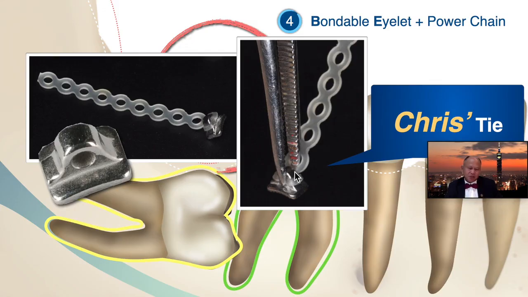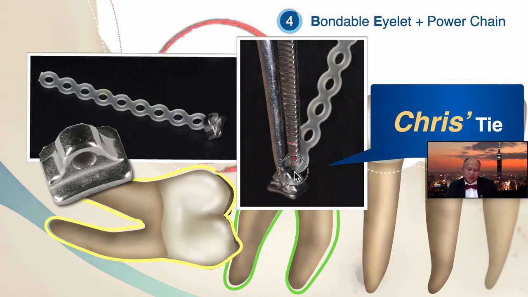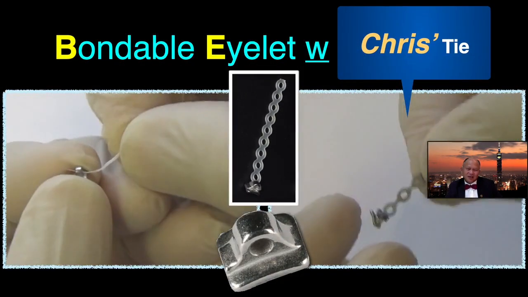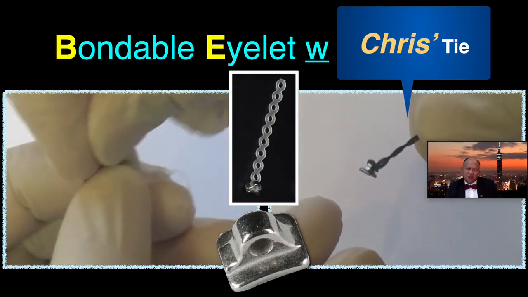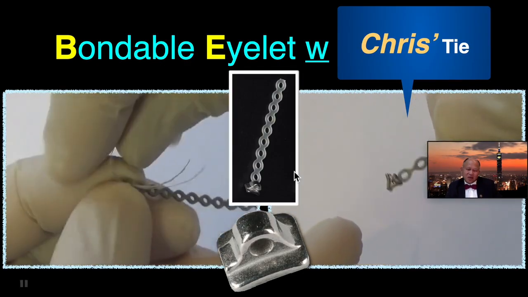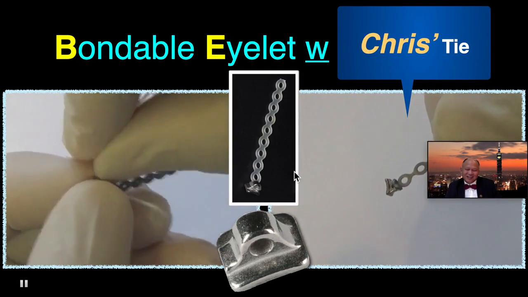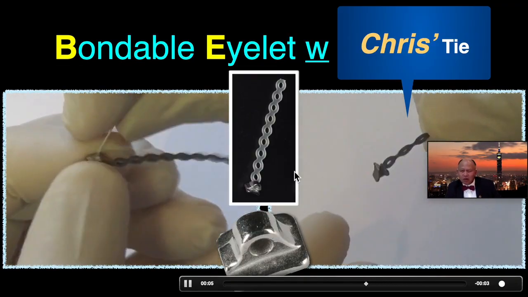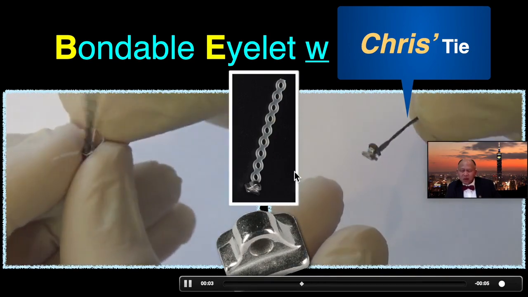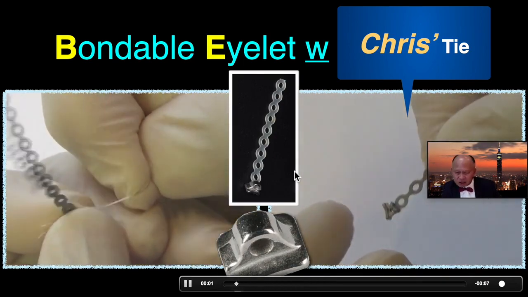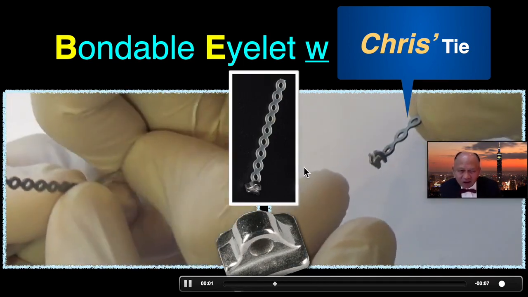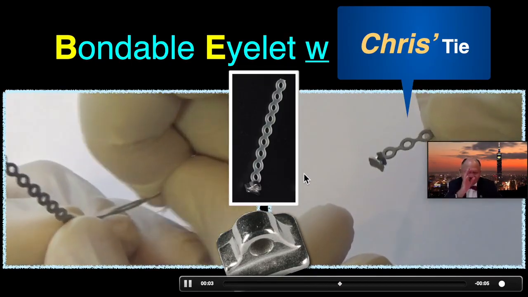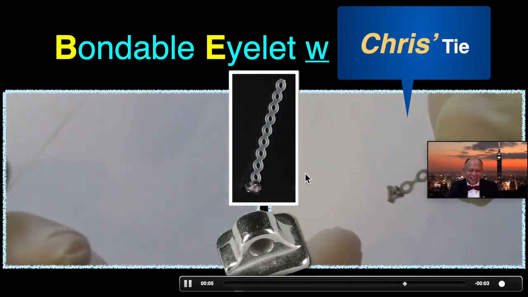I have a special tie called Chris tie. The reason it's called a Chris tie is because a guy called Chris came up with this idea, and people asked me, hey, what kind of tie is that? I don't know. I just think that's reasonable. They've got to have a special name. And finally I said, oh, it's a Chris tie. Okay, Chris tie.